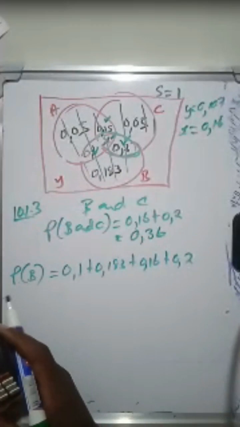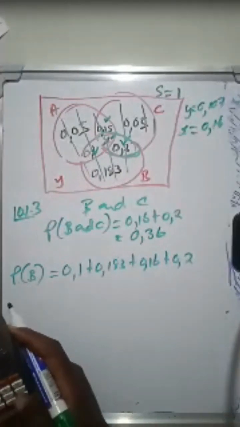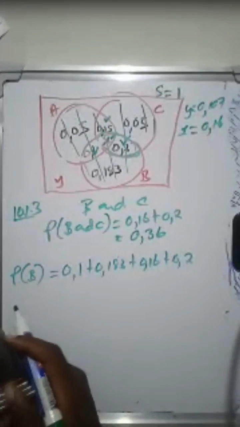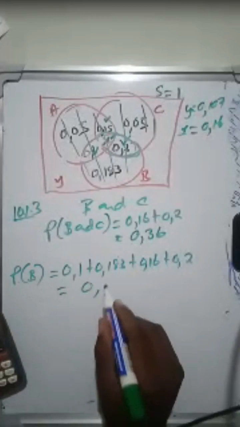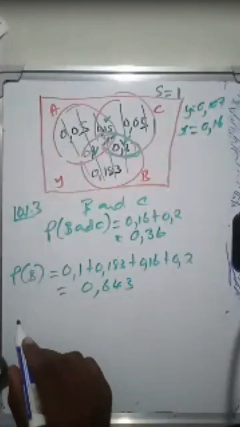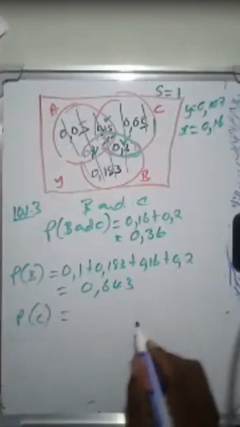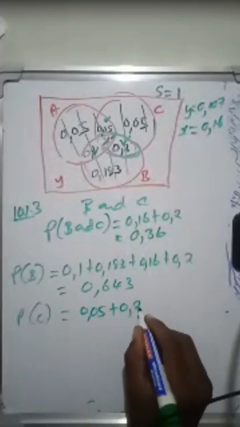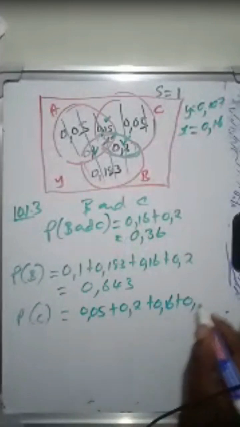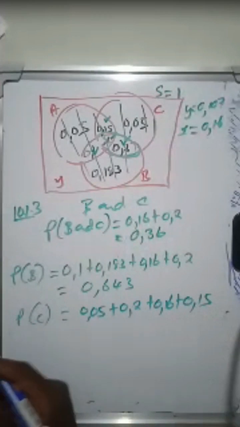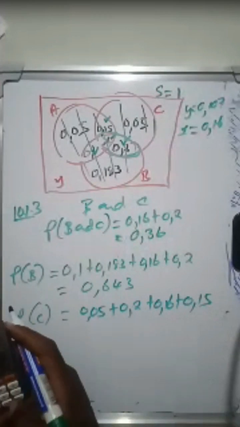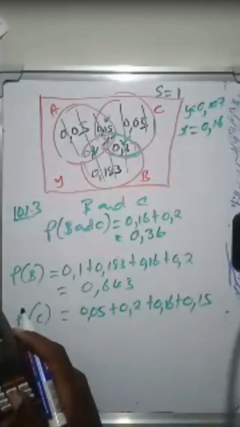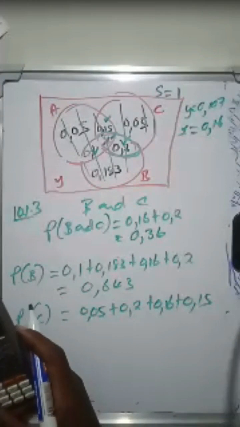0.1 plus 0.183 plus 0.16 plus 0.2. Then the probability of B is equal to 0.643. What is the probability of C? Everything that is in C: 0.05 plus 0.2 plus 0.16 plus 0.15.